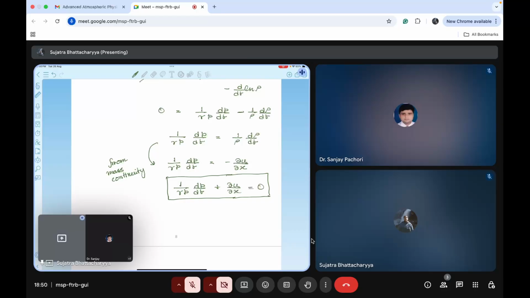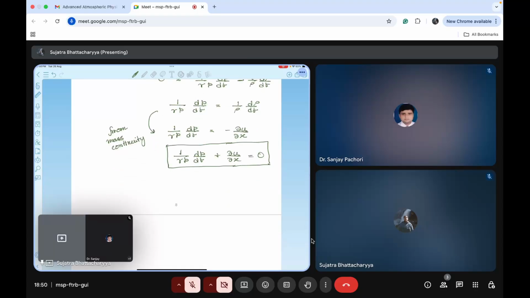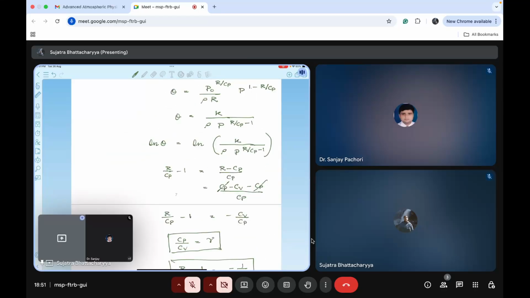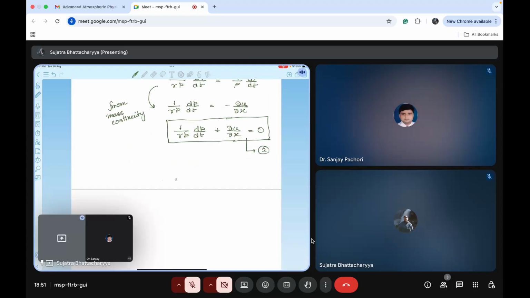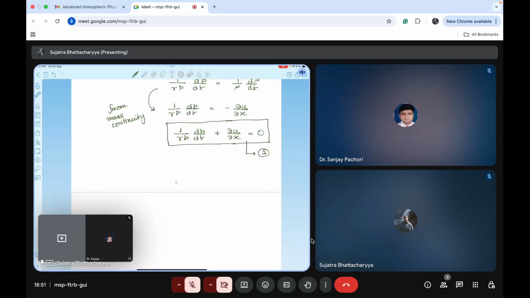From there, we will assume a wave solution and try to find out what the possible solution will be. Okay. So this is my second equation, and earlier, the zonal momentum equation is my first equation. As you can see, mass conservation is there, momentum conservation is there, everything is there.